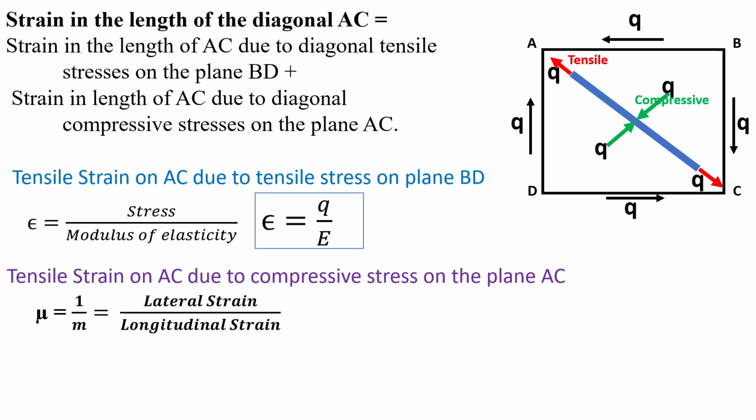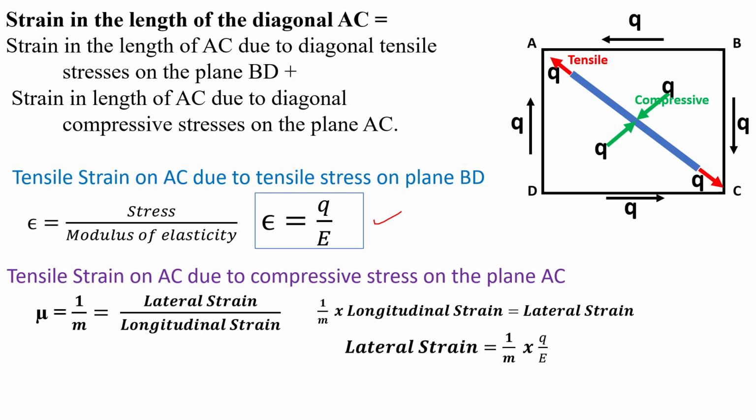So mu equals 1 by m equals the lateral strain divided by the longitudinal strain. From this, lateral strain equals 1 by m into longitudinal strain. We calculated the longitudinal strain, which is q divided by E. Substituting here, the lateral strain will become 1 by m into small q divided by capital E.